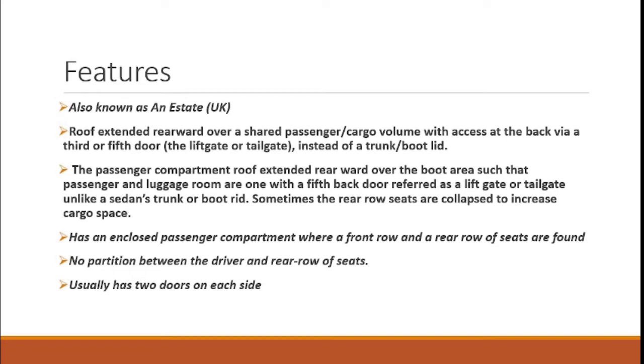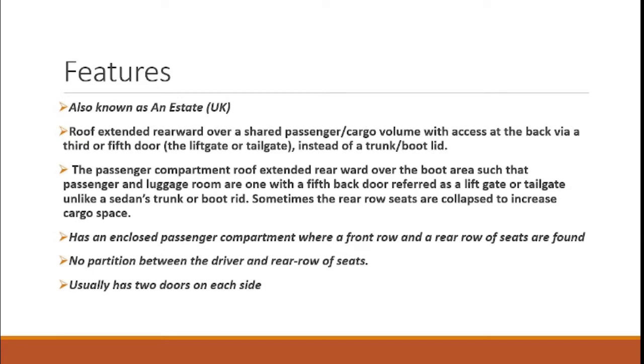So as we noted, it's also known as an estate in the UK, and the roof is extended rearward over the shared passenger cargo volume with access to the back via a third or fifth door, which we call the lift gate or tailgate. The reason why we say third is that sometimes you can have just two doors on both sides, all right? So that one is a station wagon that is meant only for luggage, no rear passenger seats.